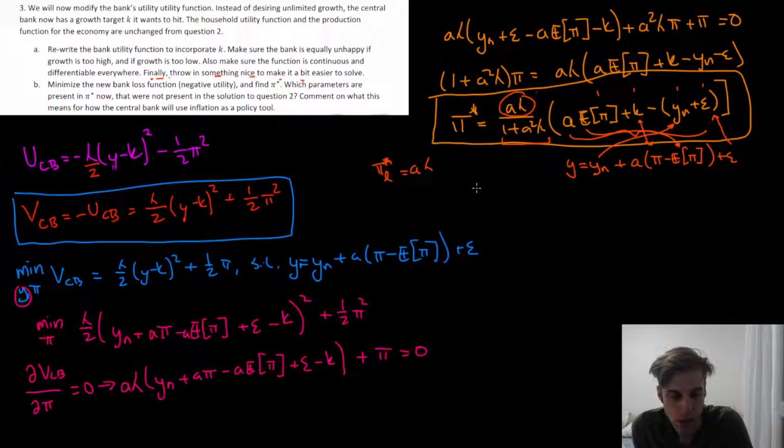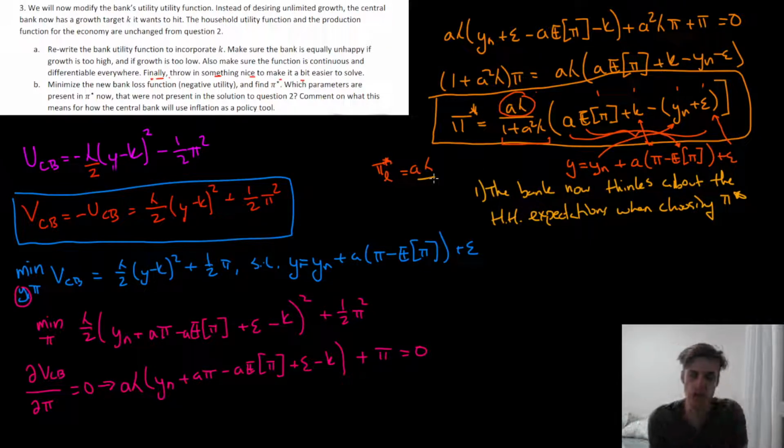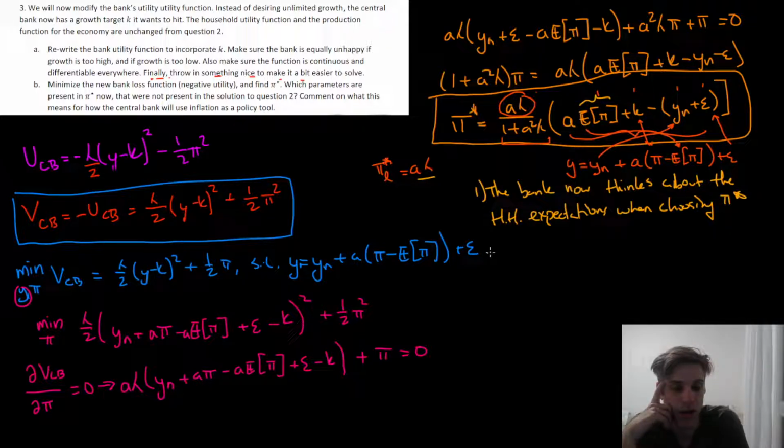Number one, the bank now thinks about the households' expectations when choosing pi star. Before, there was nothing to do with the households here. We got a solution that was completely independent of the household. Here now we have the expected pi showing up, so the bank has to think a little bit about that. It also has to consider the shocks.